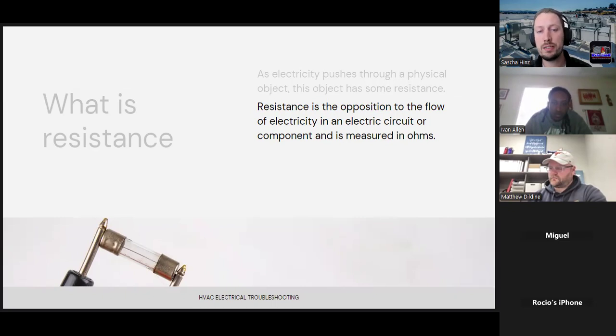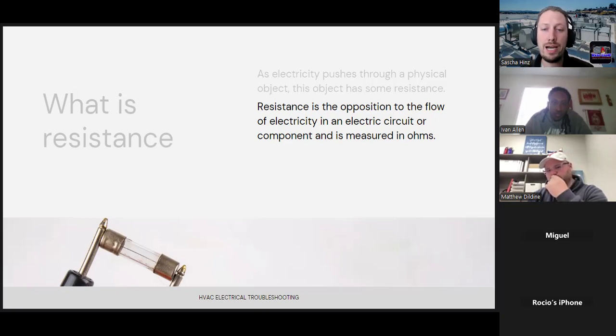There are some materials that are considered conductors, which means it's easy for electricity to flow through. And there are some materials that are considered insulators, which means it's hard for the electricity to go through. Glass, for example, is a very good insulator. Air is a very good insulator. Copper and aluminum, on the other hand, are considered conductors because electricity flows through them easily.